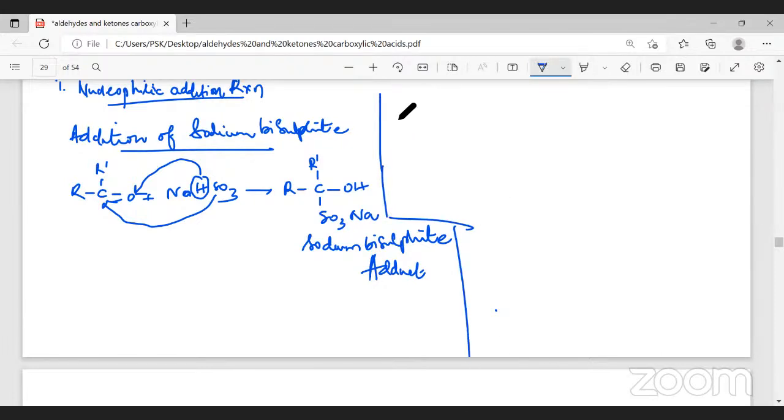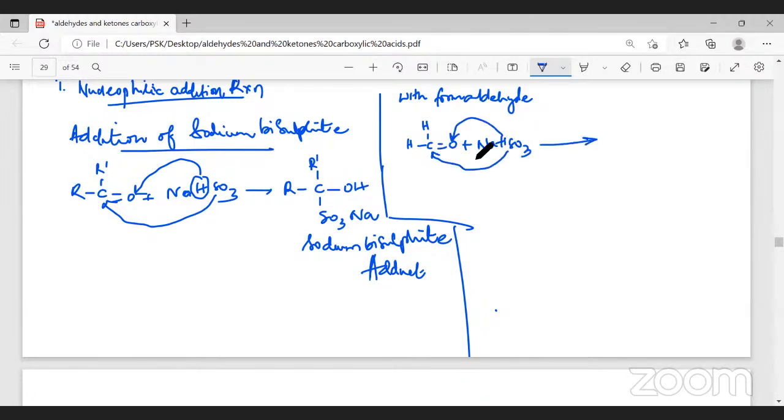Now, when this is allowed to react with formaldehyde, we can write the addition of sodium bisulfite with formaldehyde. Formaldehyde is HCH double bond O. When this is allowed to react, SO3Na attacks carbon, therefore you get HCH, OH, and SO3Na.